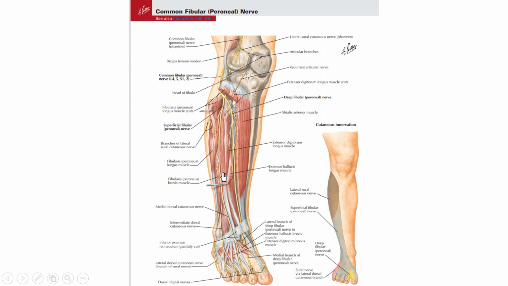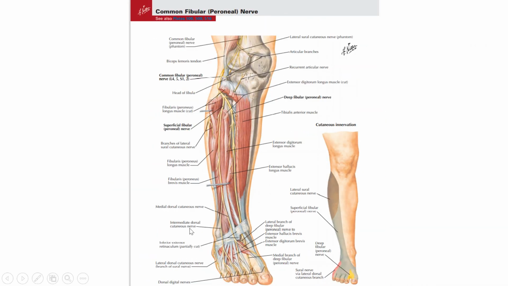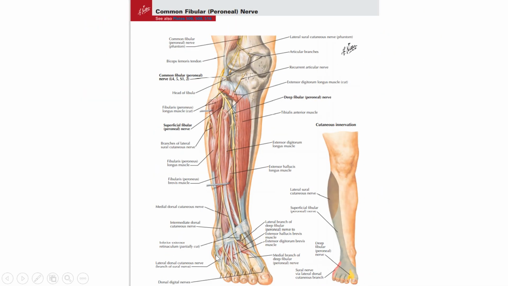So the superficial peroneal nerve divides into two branches, medial cutaneous and lateral cutaneous. And this nerve is going to supply the dorsum of the foot, most of the dorsum of the foot.